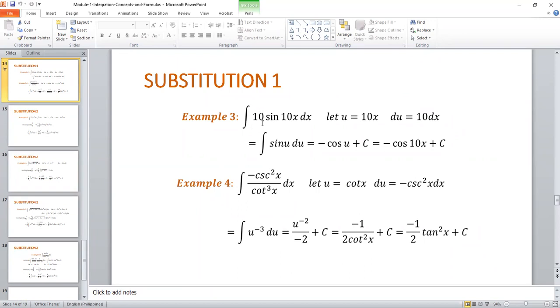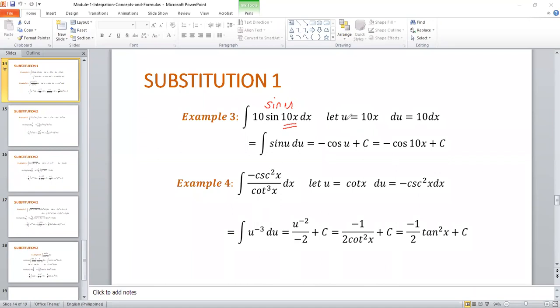Okay? This would be using substitution because of the argument of the sine. What do I mean by the argument? The theta of the sine. The argument of your sine is 10x. It's not just sine x. So we can use the formula for the integral of sine u if the derivative of this u, which is 10x, is complete.